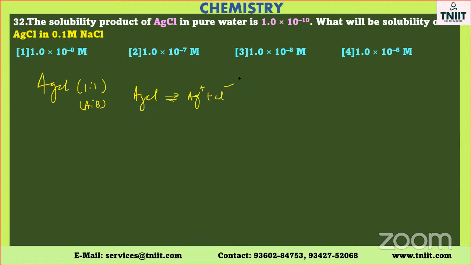The number of positive and negative ions is equal. So for this type of electrolyte, Ksp, the solubility product, will be equal to the solubility of Ag plus into the solubility of chloride.